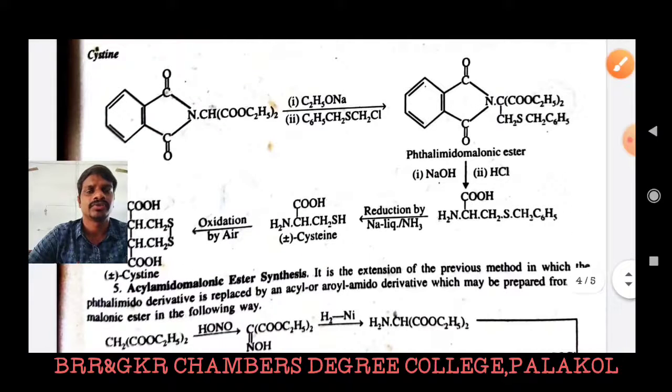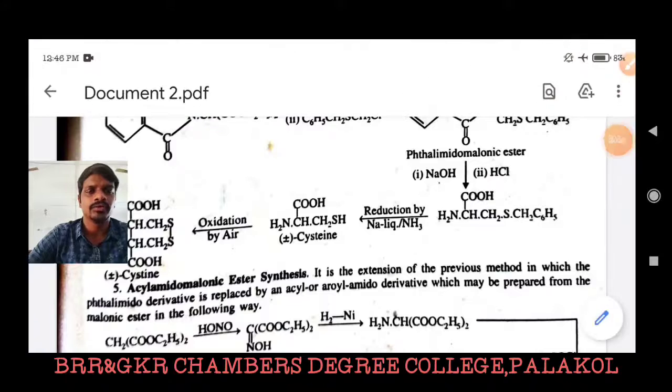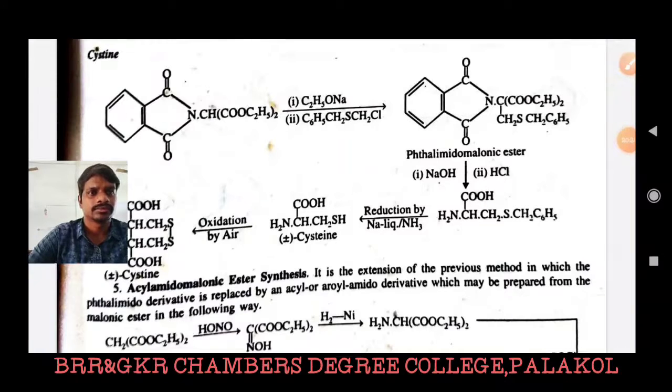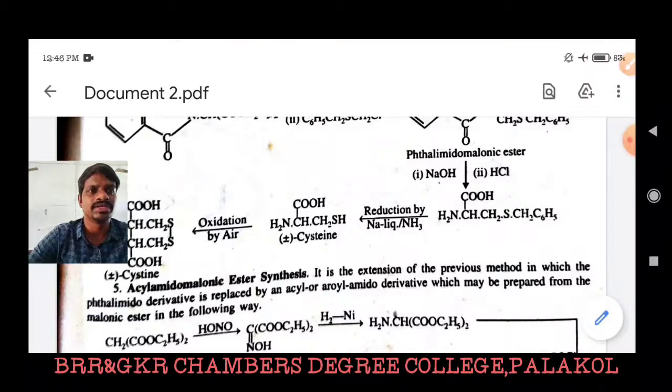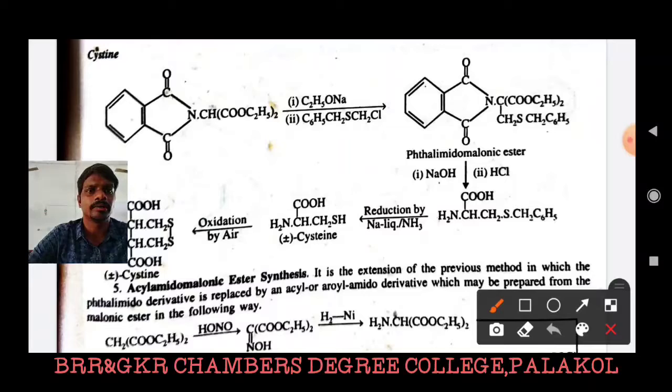And for the preparation of cysteine, we have to take a sulfur containing system, that means benzyl chloromethyl thioether. This is the benzyl group and this is the chloromethyl group, and those two are attached to sulfur.